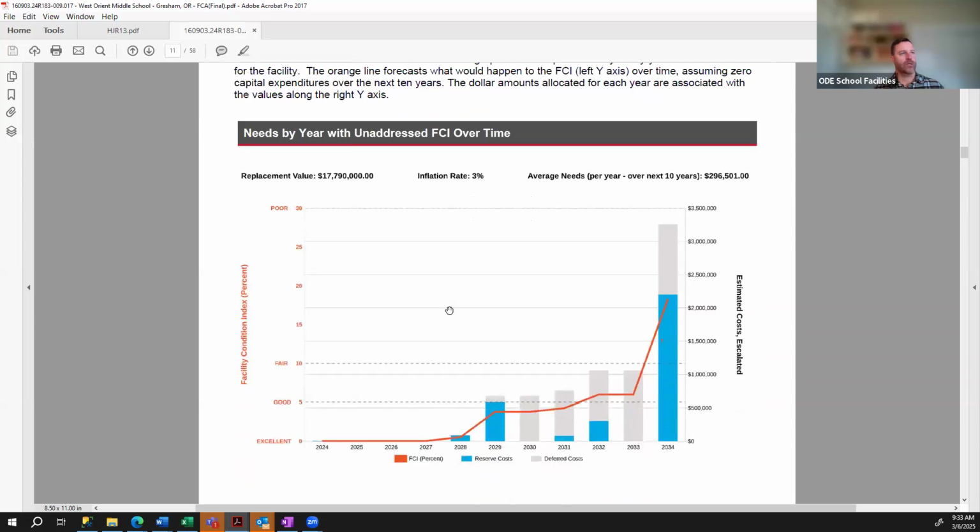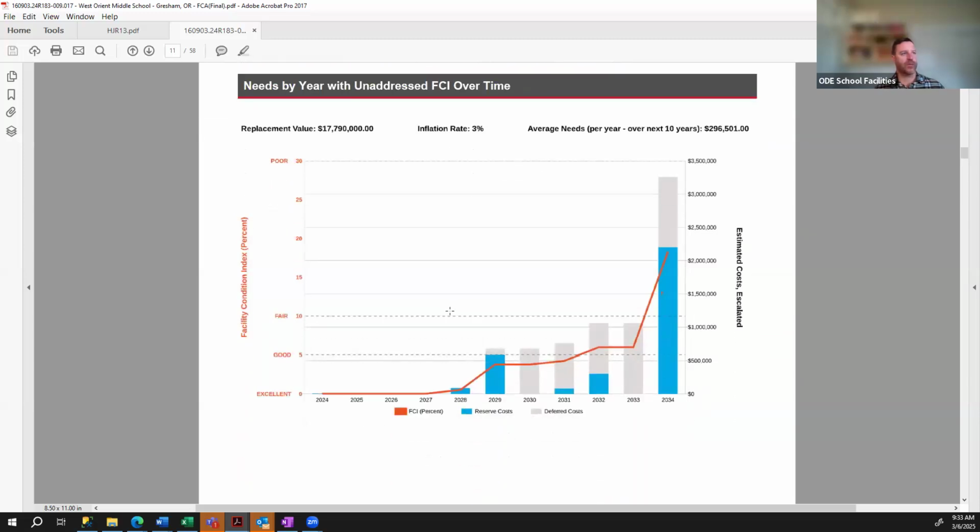Right, this is a needs over time table, and it's just another way to look at FCI. It allows you to look at how the FCI can increase over time if there are no repairs done. The vertical blue lines you can see here are the reserve costs, the year-by-year needs of the facility.